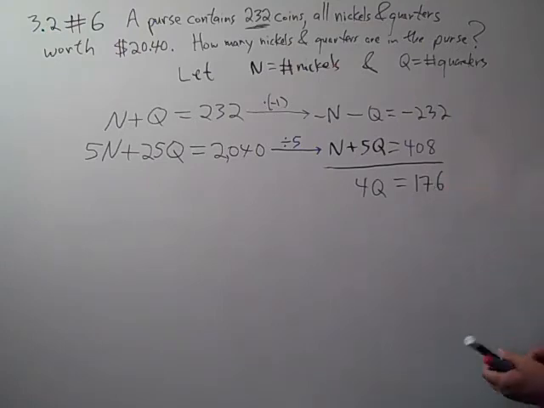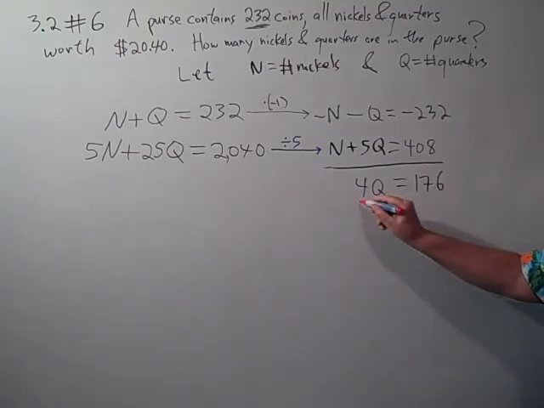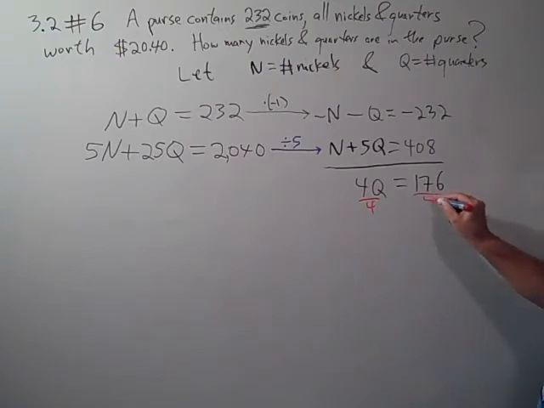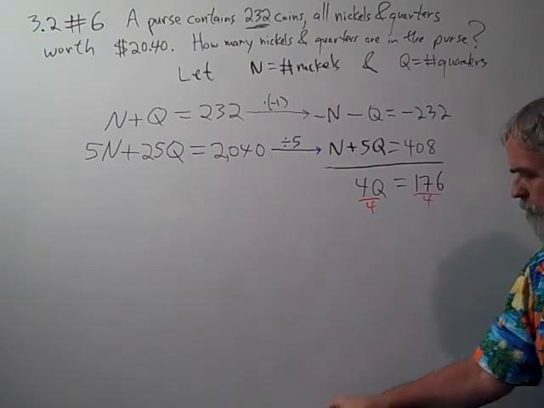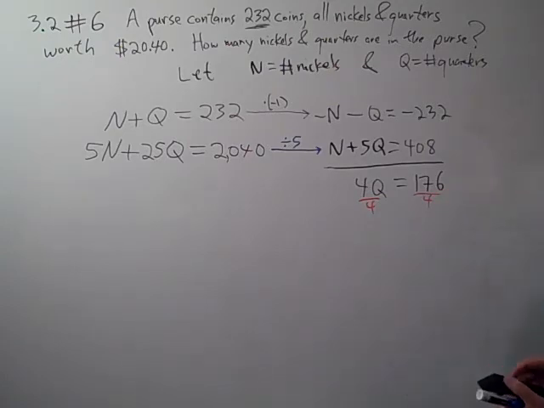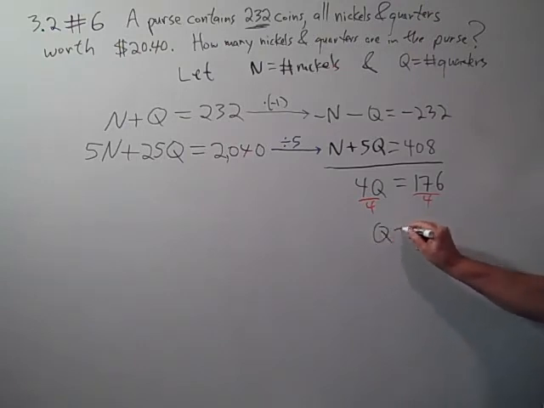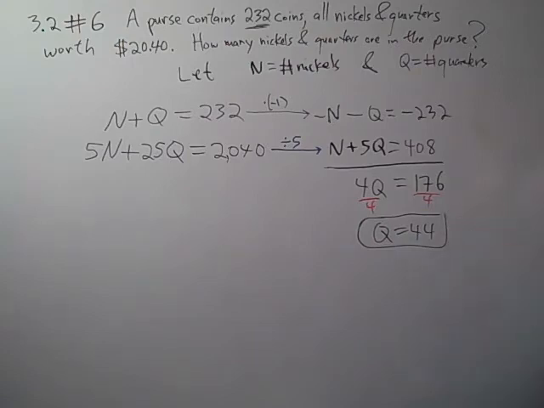And so finally, we'll find the number of quarters by dividing both sides by 4. 176 divided by 4 is exactly 44. So we know there are 44 quarters in that purse.